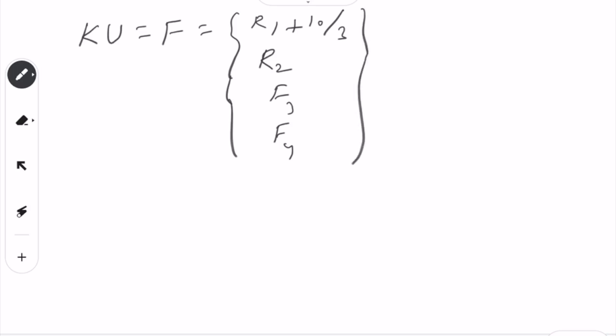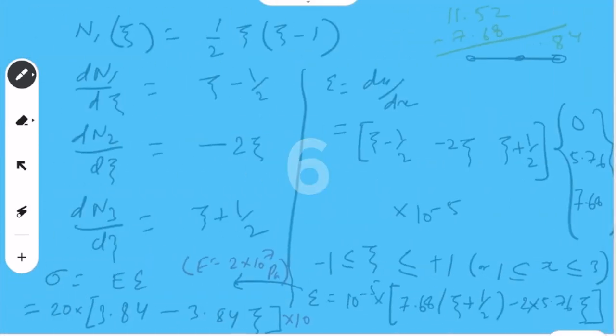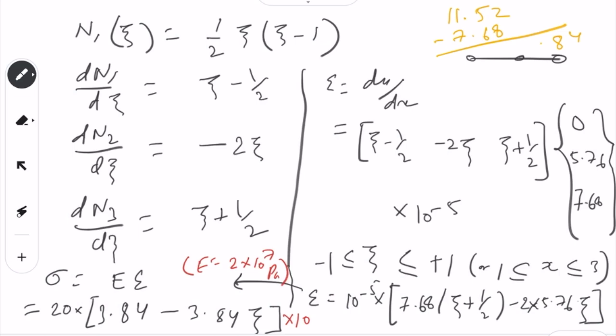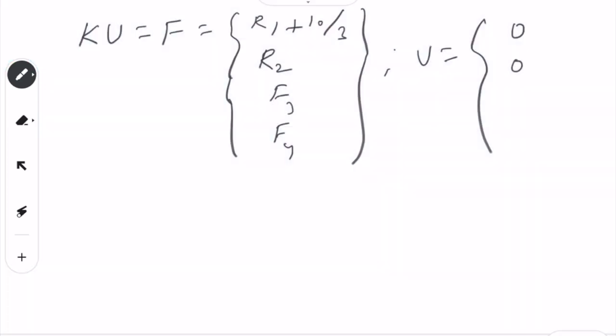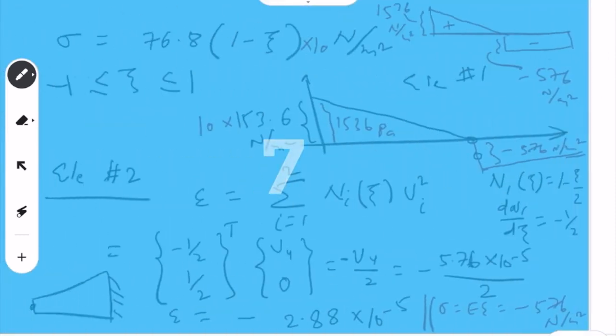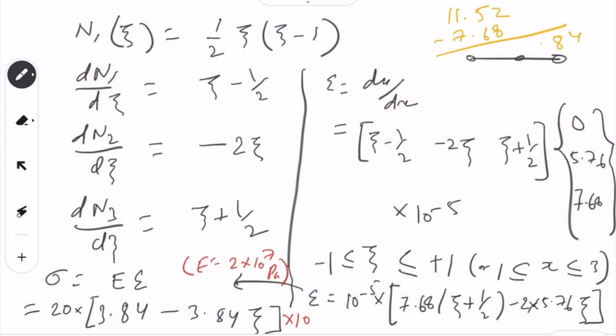And we had u as 0, 0, and then we had two values, 5.76 and 7.68.